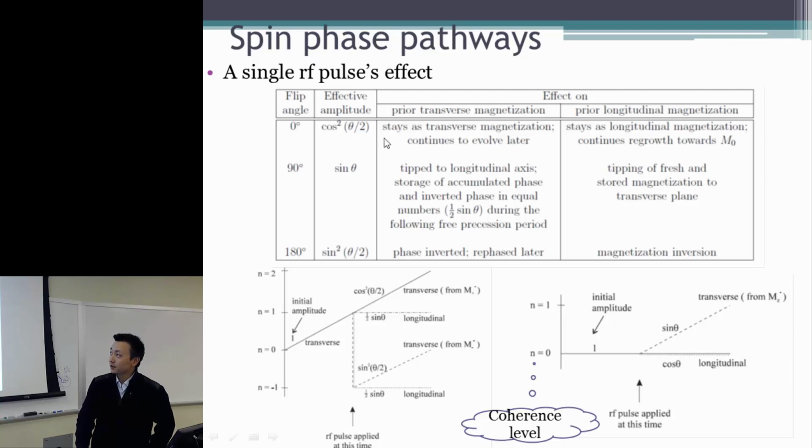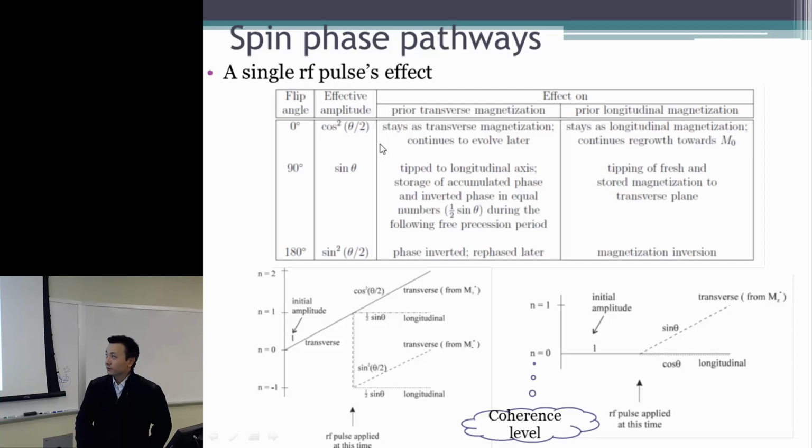For some spins, it will just be like a 0 degree excitation. That means the RF pulse does not affect these spins. Another part of the spins will experience a 90 degree excitation. And some other spins will experience an inversion pulse effect.